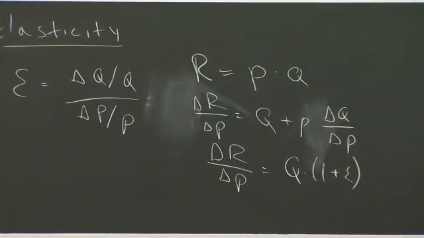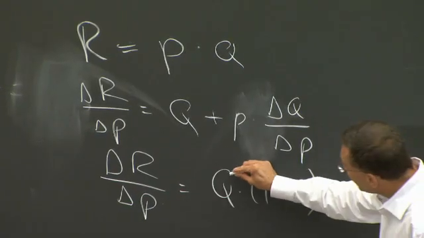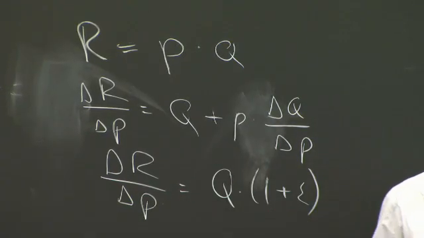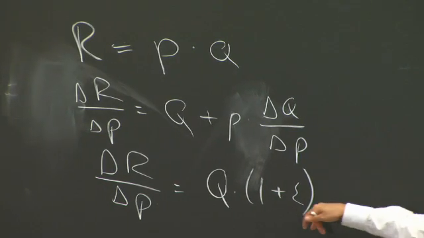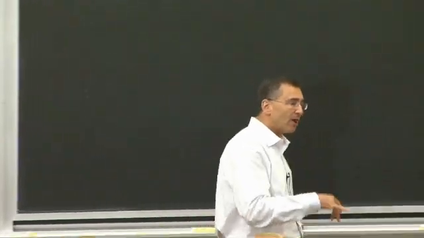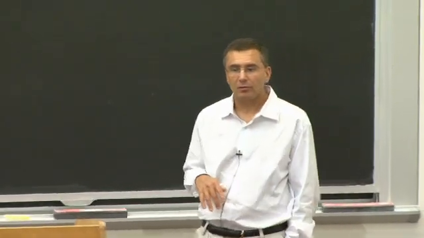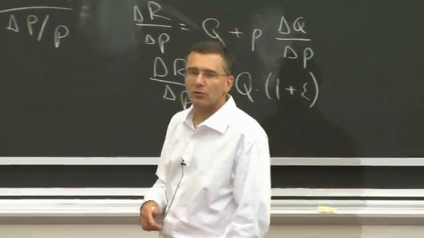Okay? So in other words, what this says is that if you're a producer and you're trying to decide whether to raise your price, well, that will increase revenues. It all depends on the elasticity. If the elasticity is between 0 and -1, then raising prices will raise revenues. If the elasticity is less than -1, then raising prices will lower revenues.